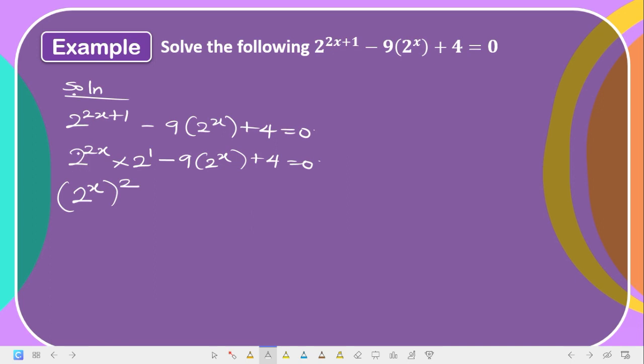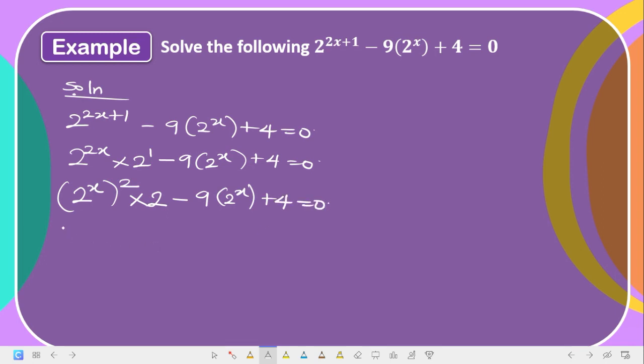We can decide to say 2 raised to the power of 2x be written as 2 raised to the power of x squared. 2 times x is 2x, so it's still the same thing. Times 2 raised to the power of 1, which is still the same thing as 2, minus 9 bracket 2 raised to the power of x plus 4, and this is equal to 0.